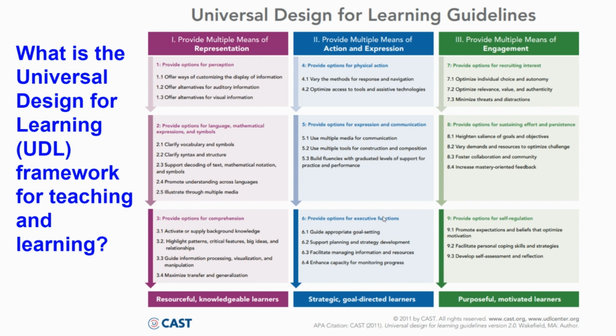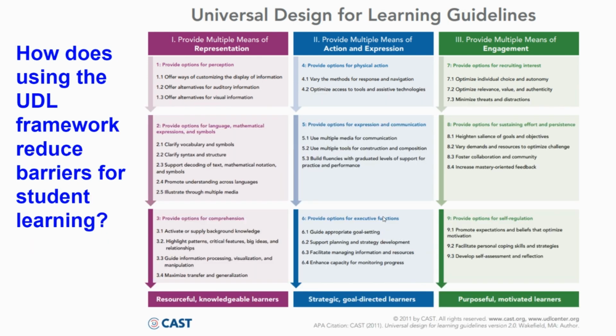And then on the right-hand side, all important, that is the affective brain network. And that's where we need to make sure we've got our students engaged and motivated. And if you look at the bottom, that's purposeful, motivated learners. And that's part of adulting. Our middle grades learners won't necessarily get there while they're in front of us, but it's not that we're not going to keep them on the path.